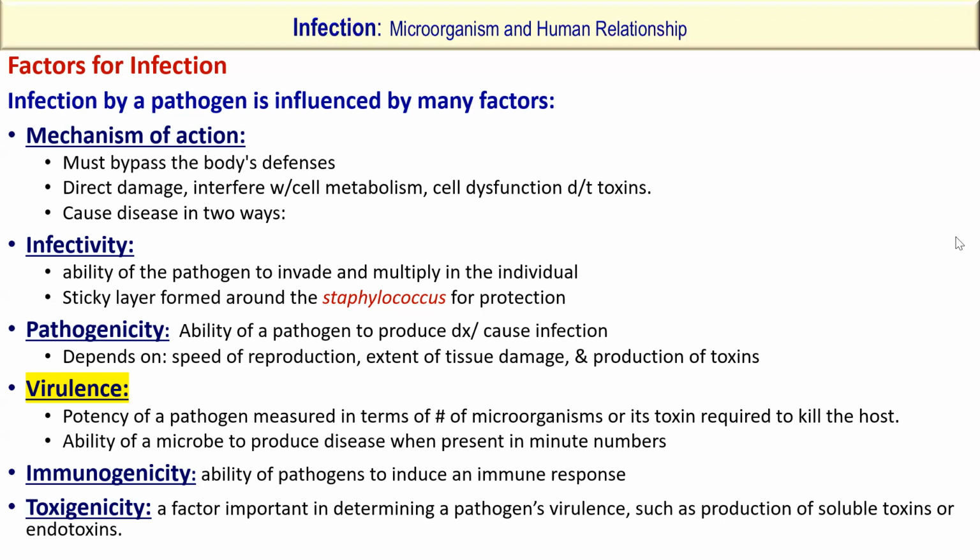If it's more than 100,000 CFUs, that's significant for diagnosing patients with UTI. That's an example of how you apply virulence to the ability of the pathogen to cause the infection.